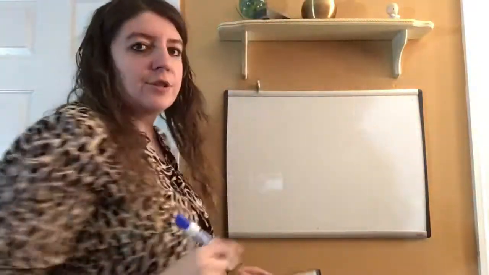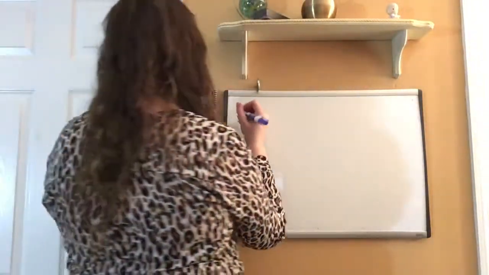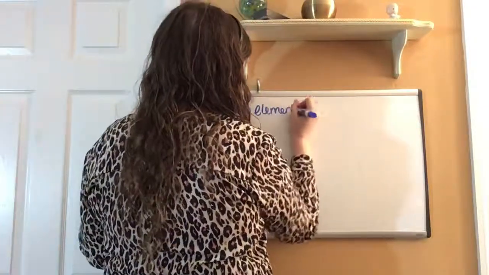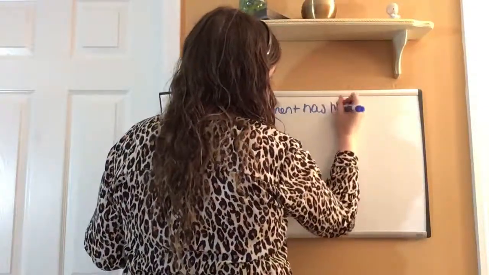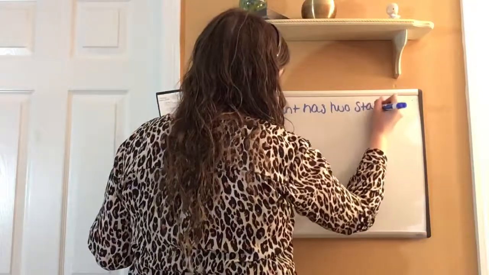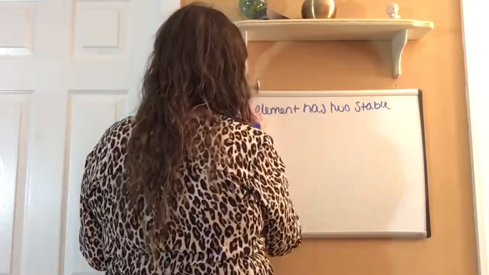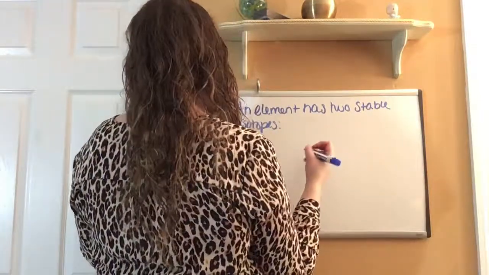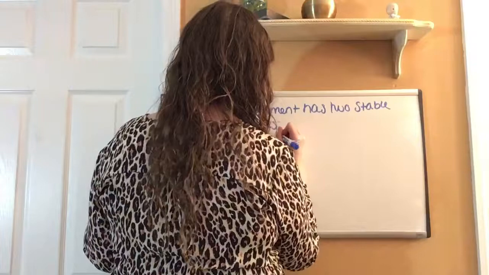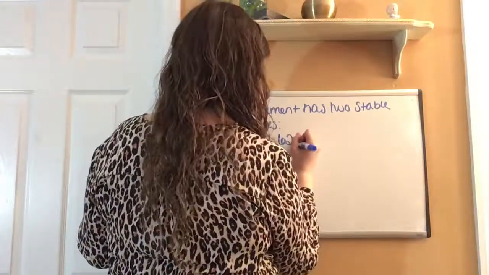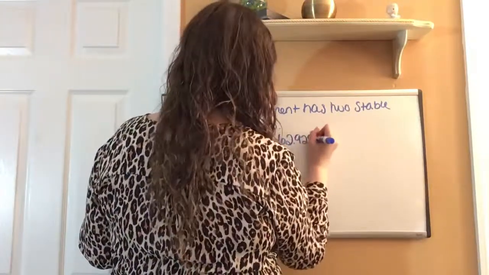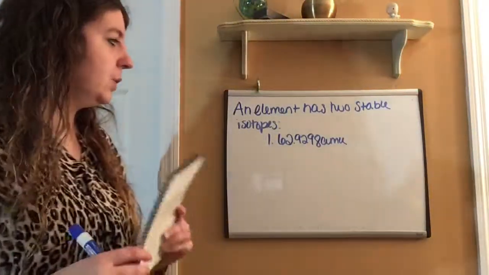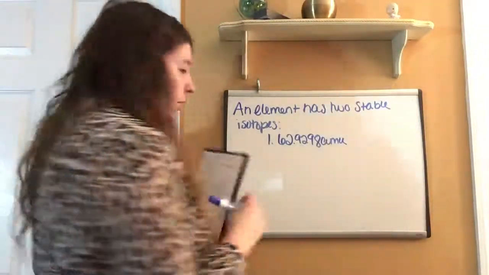So another question that could show up would be: an element has two stable isotopes. Okay, so one has 62.9298 AMU.